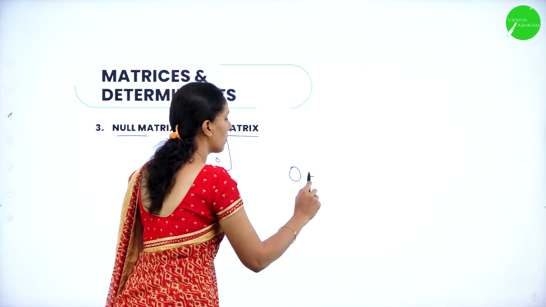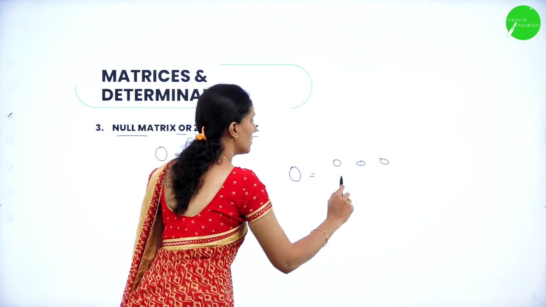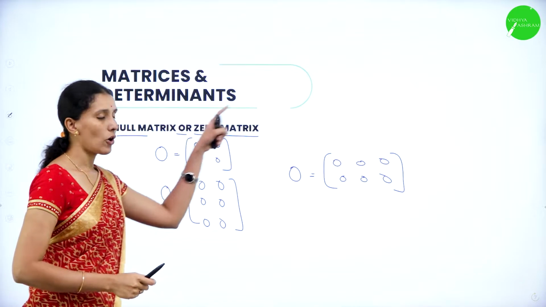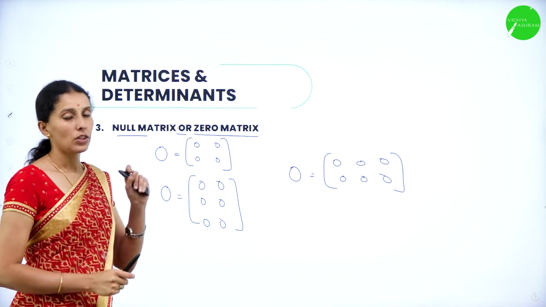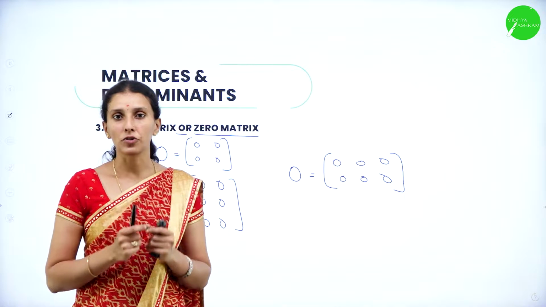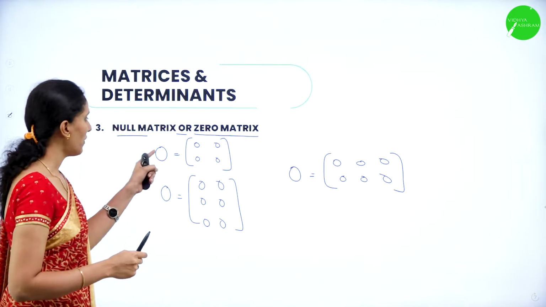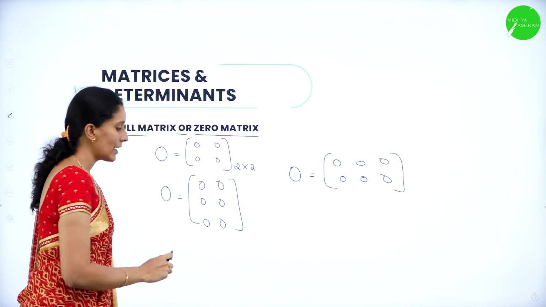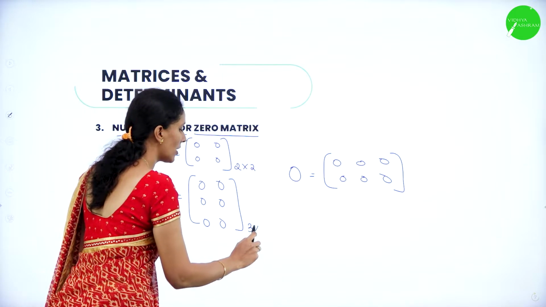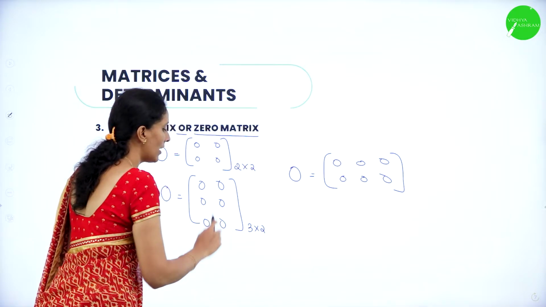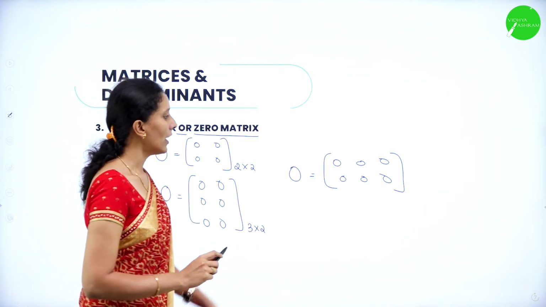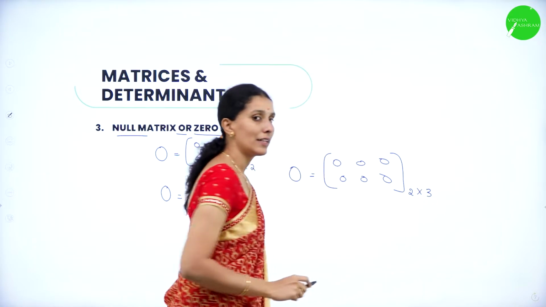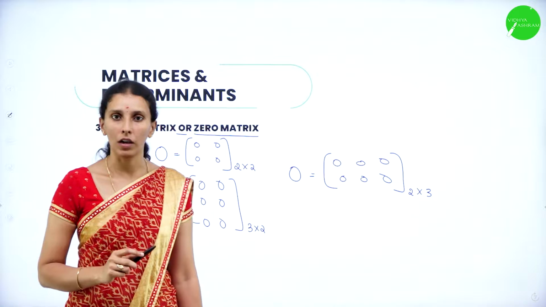Similarly, O is equal to 0, 0, 0, 0, 0, 0. So all these are examples of a null matrix. The order of a null matrix again depends on the number of rows and columns. In the first case, it is a null matrix of order 2 cross 2. In the second case, it is a null matrix of order 3 cross 2, because 3 rows and 2 columns. And in the third case, it is a null matrix of 2 cross 3, 2 rows and 3 columns.